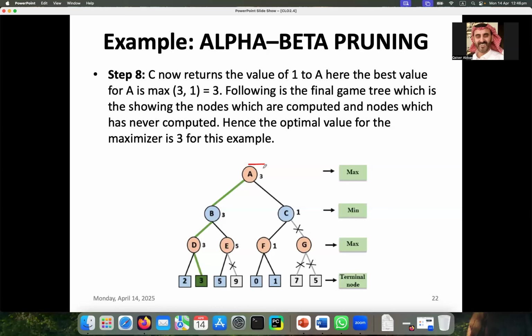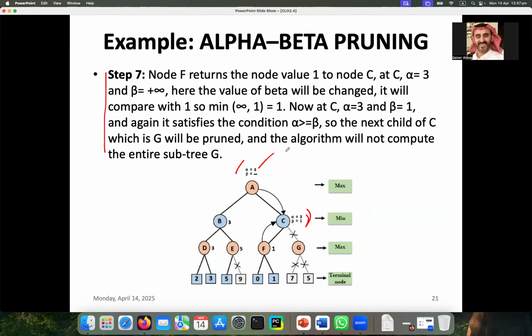You can show the values of alpha and beta here, which are 3 and 1. If I ask you for the values of alpha and beta here, then this is 3. And if you think over here, the max player will get the value from 3. And here, if it is 3, then you will get the value 3 here for the alpha.